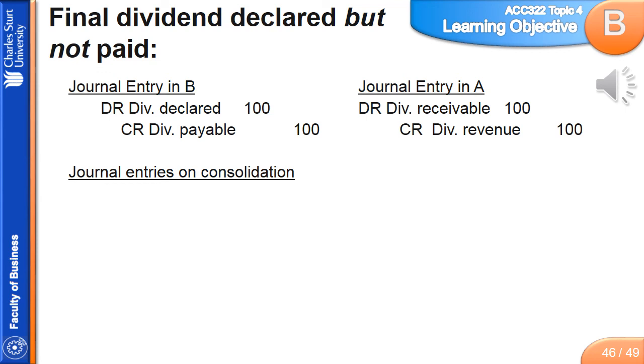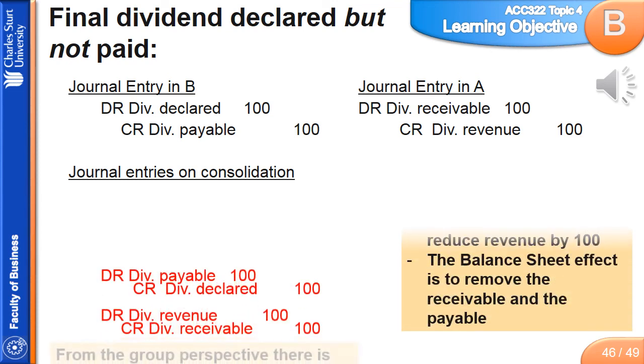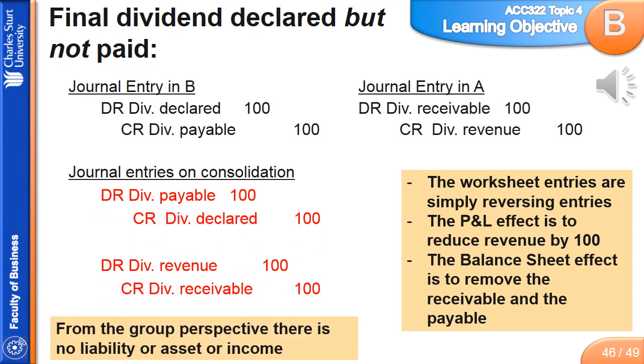So the question is whether or not the parent A records that entry, and unless you're specifically told otherwise, I'd record that. So the journal entry on consolidation is the following, where we effectively reverse all four of these balances. From a group's perspective, there's no liability or asset or income to recognise.